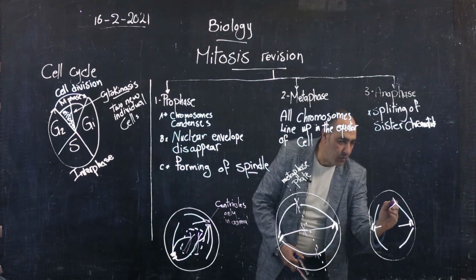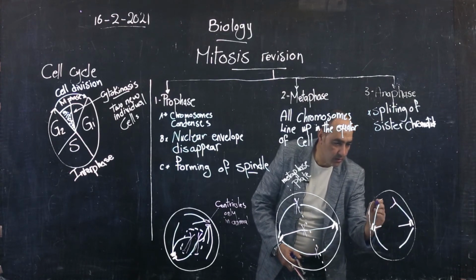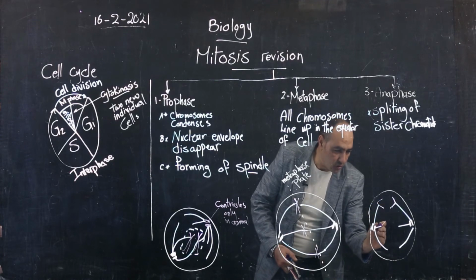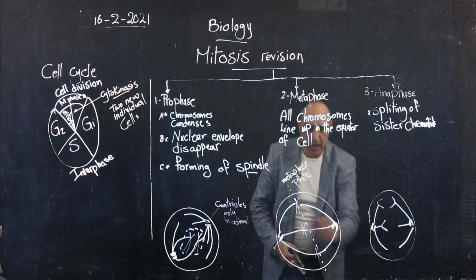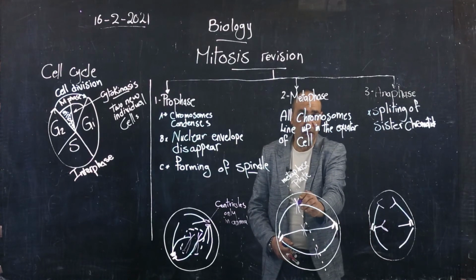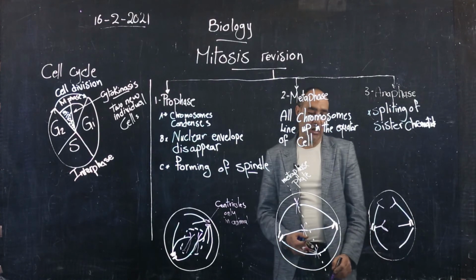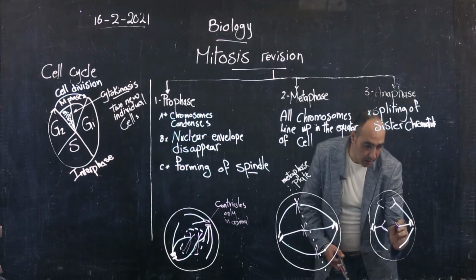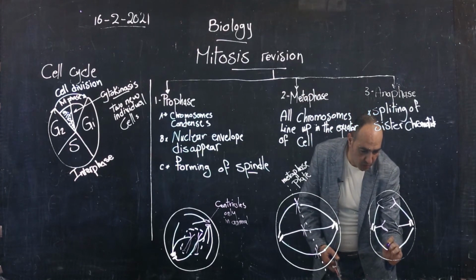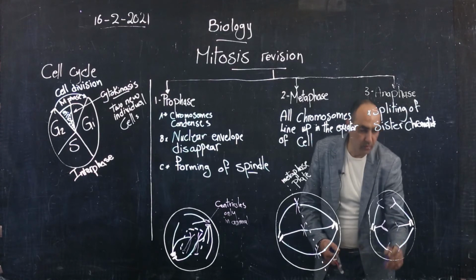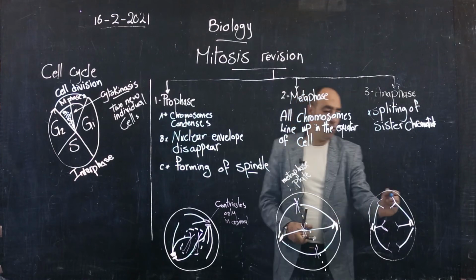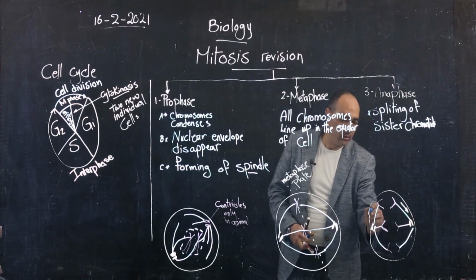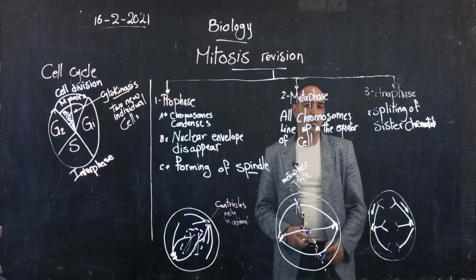So now we have the sister chromatids separated from each other. As you can see in the metaphase, they are attached at the centromere. Now the chromosomes will split from each other by the shortening of the spindle, and each set will move to one pole.